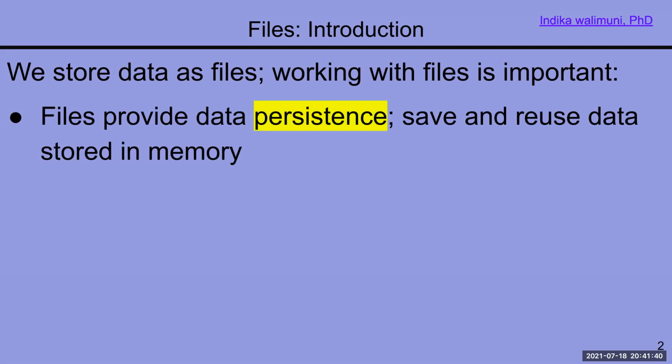Files provide data persistence. Basically, files allow you to save your data to the disk so that you can retrieve it later. You can save your data stored in memory into the hard disk or the file system.